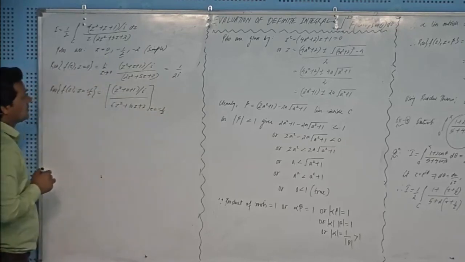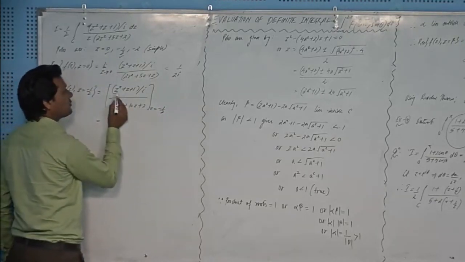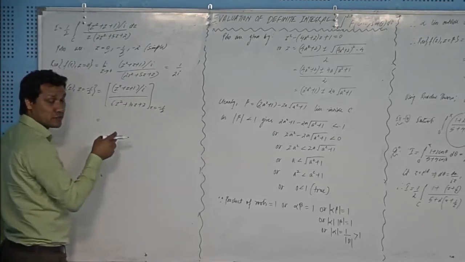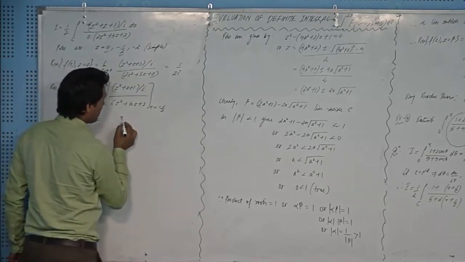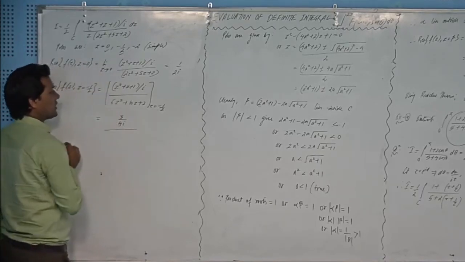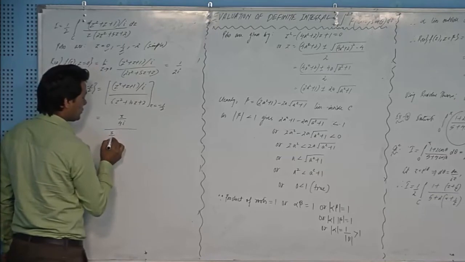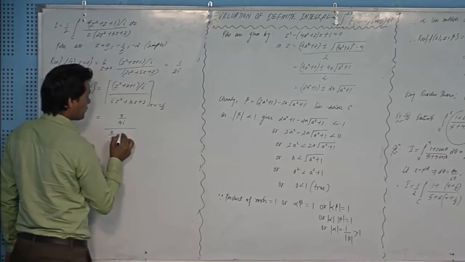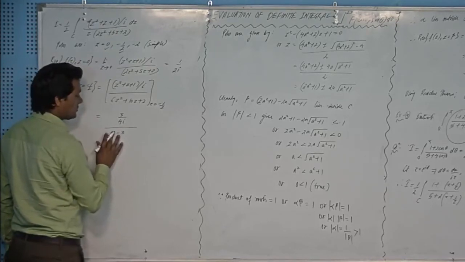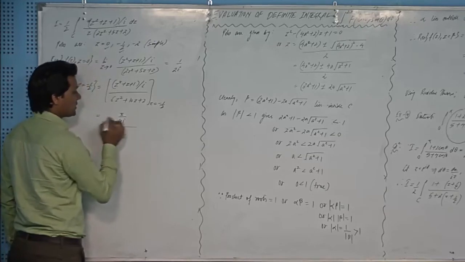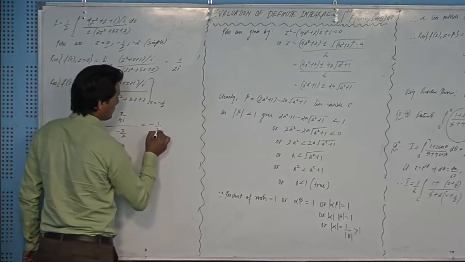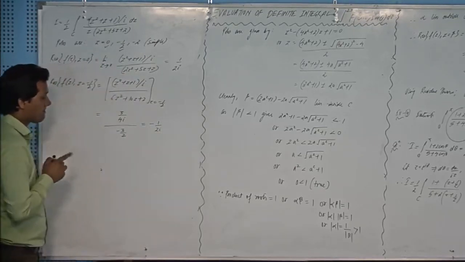It becomes 1 by 4 plus 1 by 2, that is 3 by 4 iota, over 6 by 4, that is 3 by 2, minus 5 plus 2, which is minus 3. On taking LCM, the 3 and 3 cancel out, and I am left with minus 1 over 2 iota.